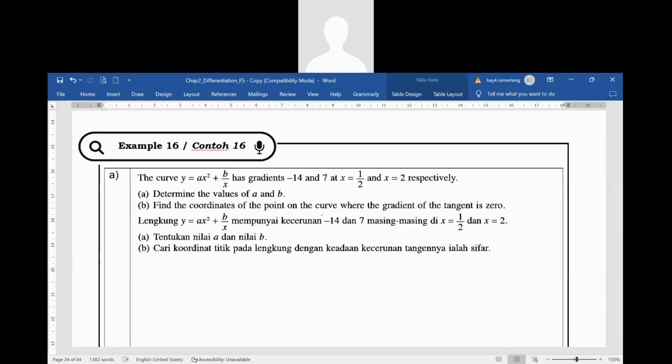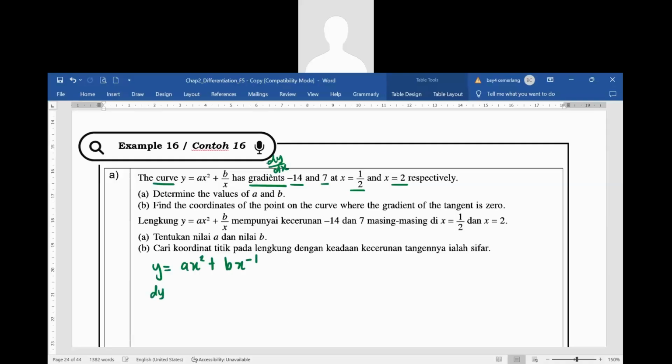Okay, the curve y equals ax squared plus bx has gradient negative 14 and 7 when x equals half and x equals 2. You must be good at reading the question. What is gradient? Gradient of curve means dy/dx. Okay, so your y equals ax squared plus bx to the power of negative 1.